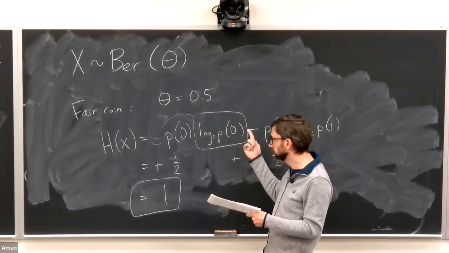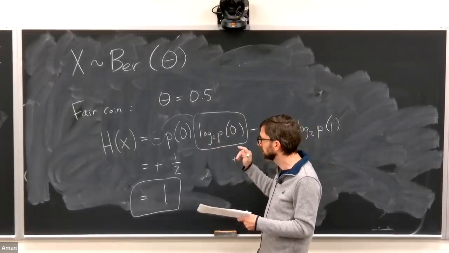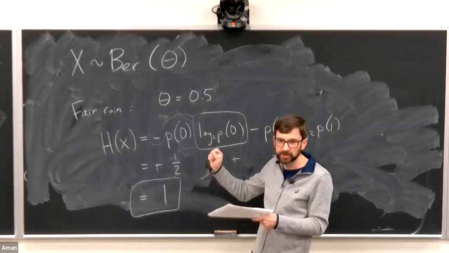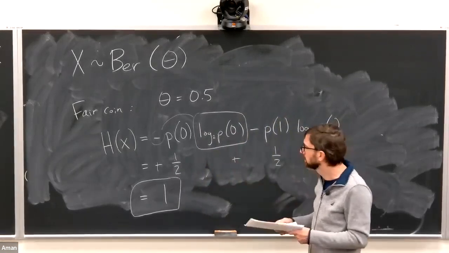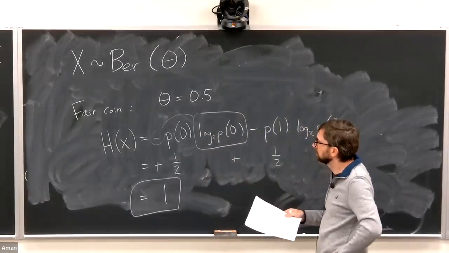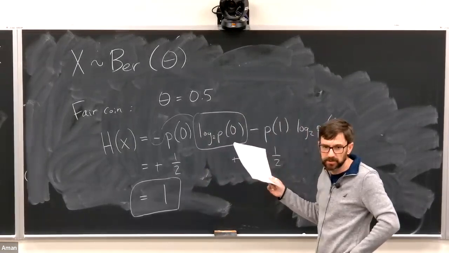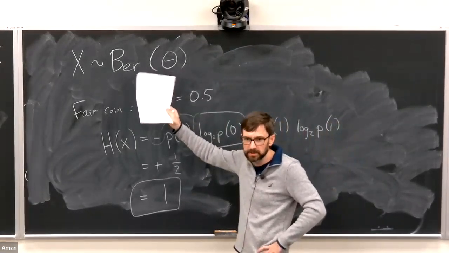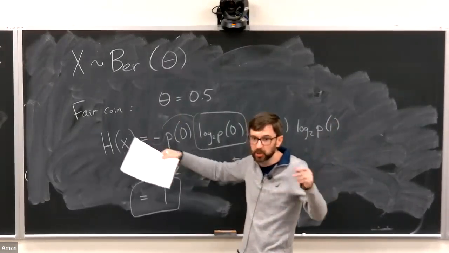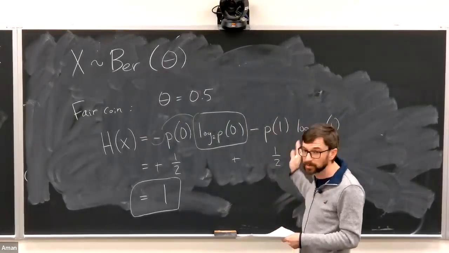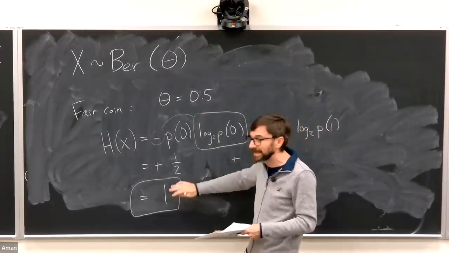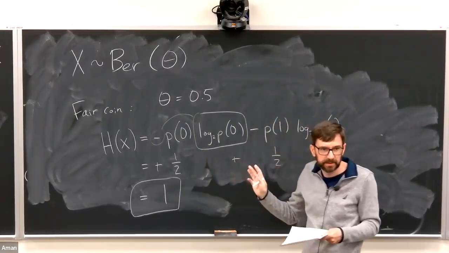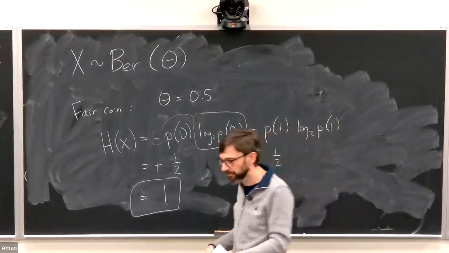Log 1/4 is -2, so it doubles. So it's 8 times 1/4, and you get 2. You get 2 bits, which also checks out. In general, you keep going. If I gave you K Bernoulli outcomes in a binomial distribution, all with probability 0.5, you get K as the number of bits of information for entropy.